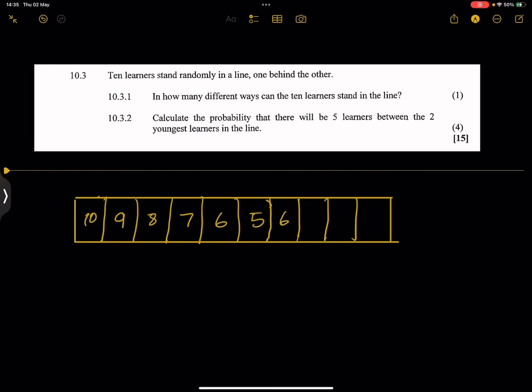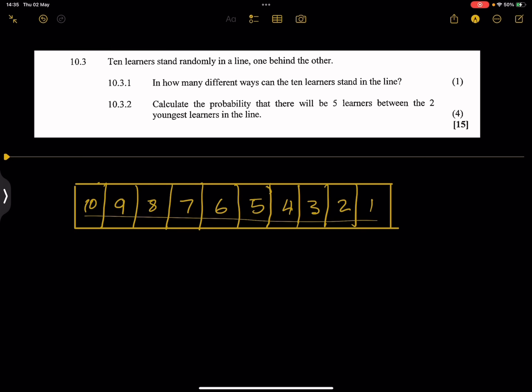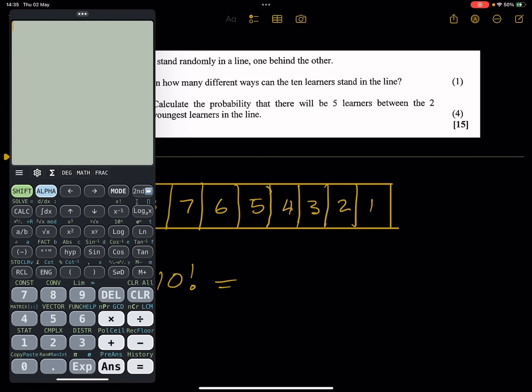You can see how that gives us the factorial, down to 2 and 1. So for 10.3.1, that would be 10 factorial. You can calculate what 10 factorial is.